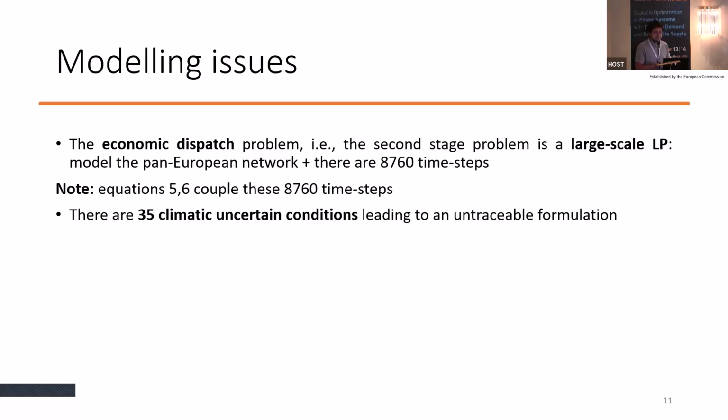We are going to have 8,760 time steps. And also, we have these equations, the ones with the batteries and with the hydrology, that are coupling these time steps. And on top of this, we have uncertainty. So we have these 35 climatic uncertain conditions. If we put all this together, this leads to an intractable formulation.